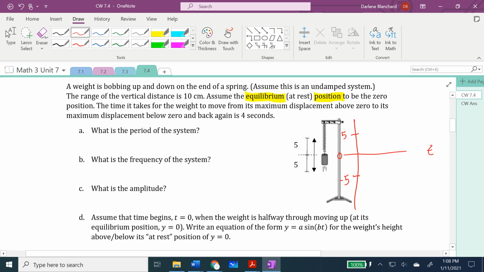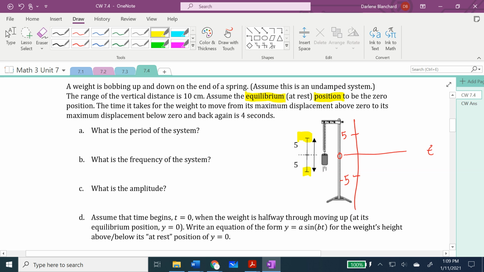Now, the time that it takes for the weight to move from its maximum displacement to its maximum place. Read it again. The time it takes for the weight to move from its maximum displacement above zero to its maximum displacement below zero and back again is 4 seconds.